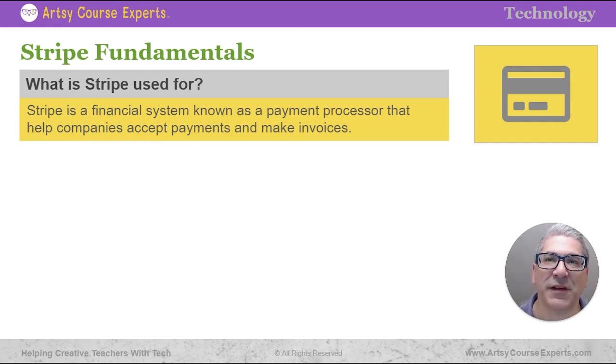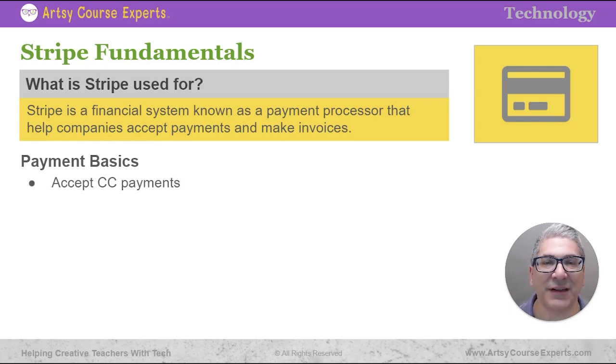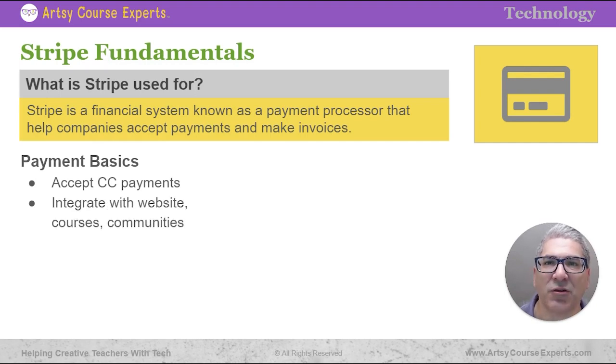So let's start off with some of the payment basics that you get from Stripe. First of all, you accept credit cards, lots of credit cards from different companies. Don't forget Visa, MasterCard. They have other variations that are used in other countries, and Stripe takes care of all those other credit card types. And like I said, Stripe integrates behind the scenes with your website, your course system, your community system, and they just all interconnect.